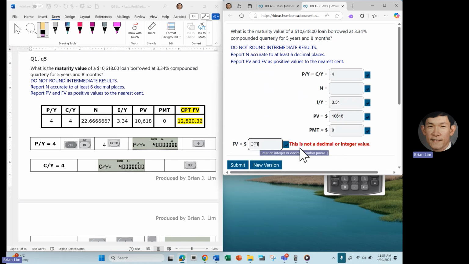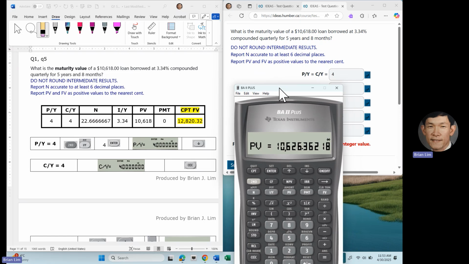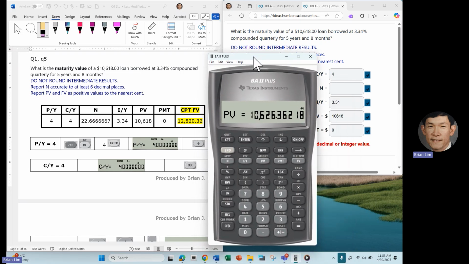If I put that in, we'll get the red lettering, meaning that this is not a numerical value. So with that said, we can now unfold the calculator to do the calculations.